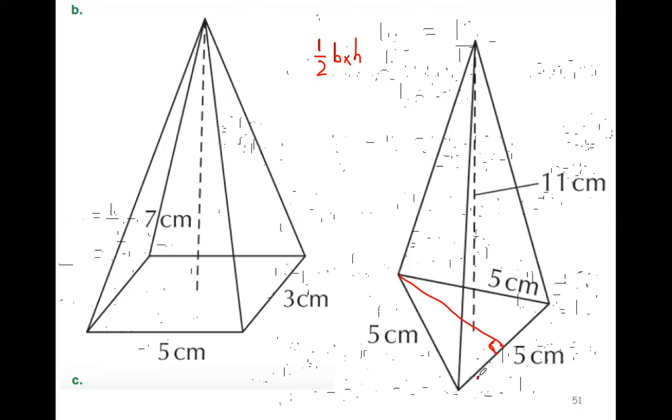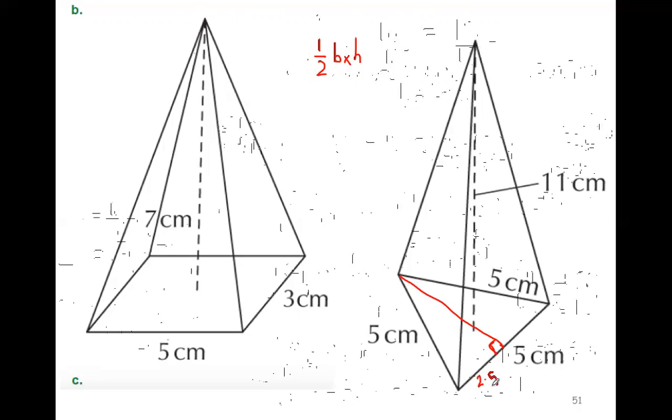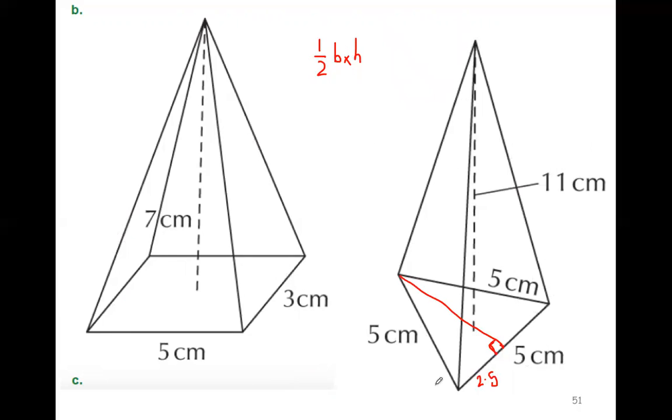I've got 2.5, which is half of 5. I've got 5 here. So Pythagoras tells us: half the base, 5 squared minus 2.5 squared, and you square root that and you get this distance here.